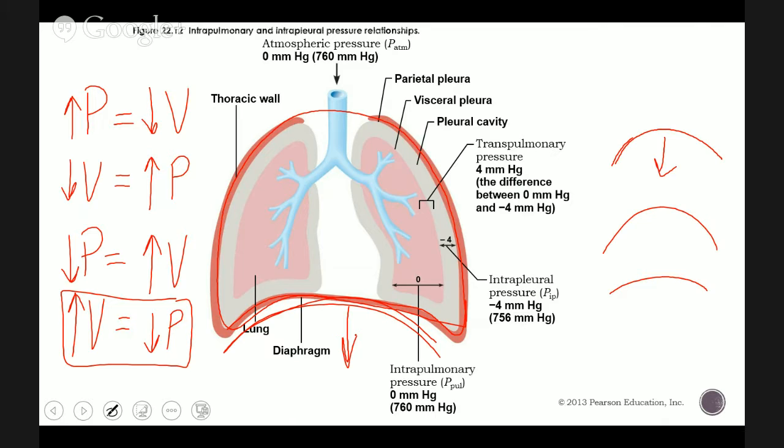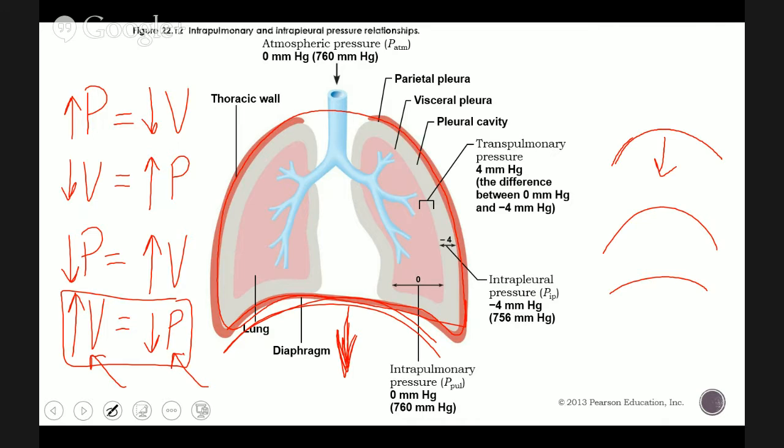Bigger, right? Absolutely. So if I contract the diaphragm, what am I doing to the volume? Increasing it. So what's that going to do to the pressure of the gas inside this cavity? It's going to decrease.